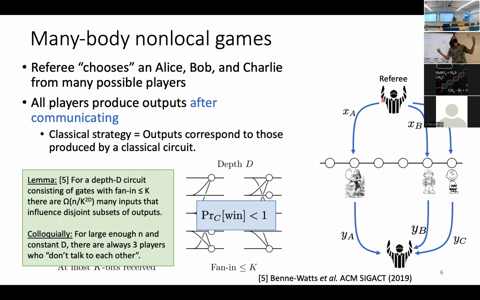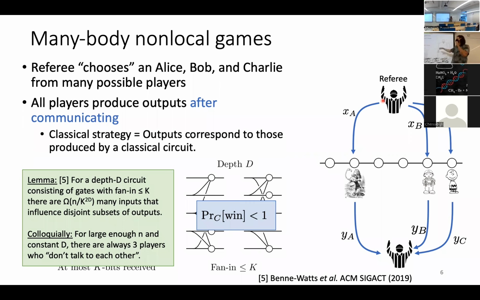More colloquially, what this means is that whenever I fix the d and k, in terms of the number of rounds of communication and how many bits each party receives, for large enough n, irrespective of the strategy that they implement, it should always be the case that I can find a particular Alice, Bob, and Charlie who effectively in this strategy do not communicate with one another, which puts us back into the original setting that we had before.